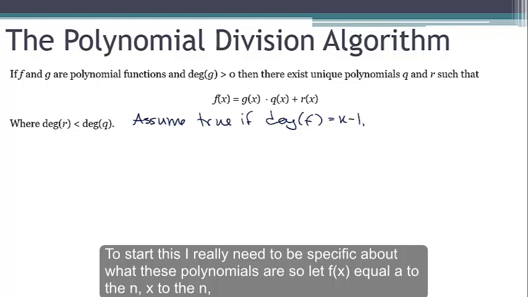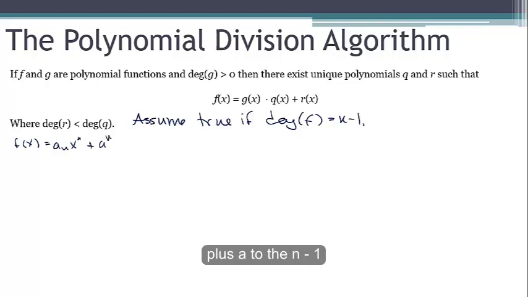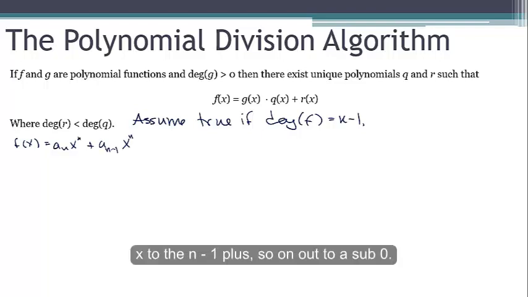To start this, I really need to be specific about what these polynomials are. So let f of x equal a sub n, x to the n, plus a sub n minus 1, x to the n minus 1, plus so on out to a sub 0.